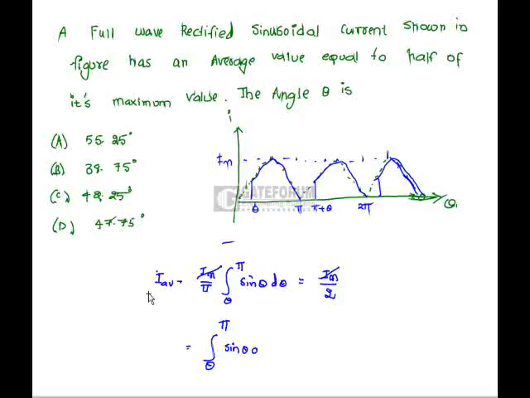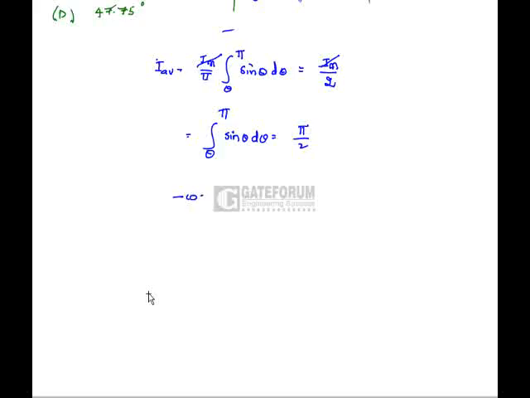The integral of sin theta d theta from theta to pi equals pi by 2, that is minus cos theta from theta to pi equals pi by 2, which is nothing but 1.57.